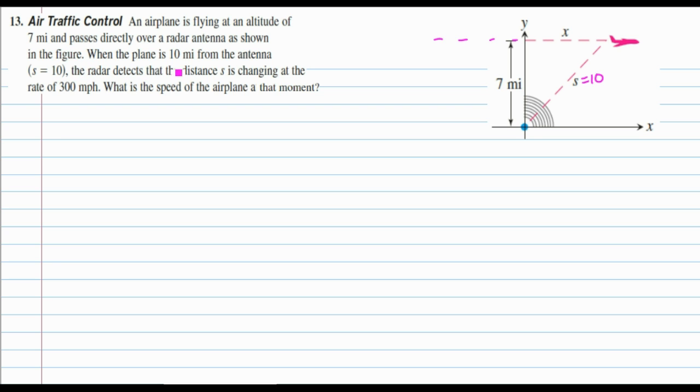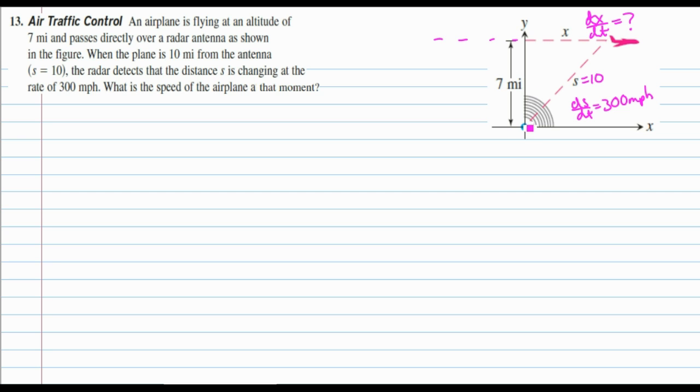The radar detects that the distance S is changing at the rate of 300 miles per hour. So that means ds/dt is 300 miles per hour. It's asking what is the speed of the airplane at that moment. So we're trying to find dx/dt, the speed that x is changing, the distance from a fixed spot to the airplane.